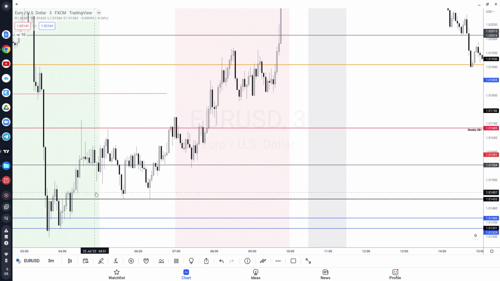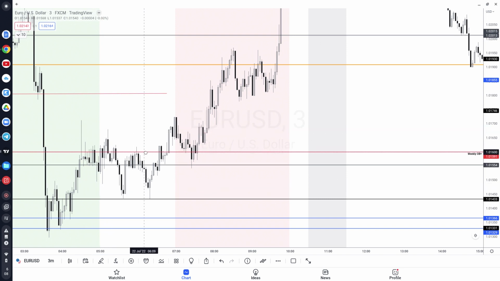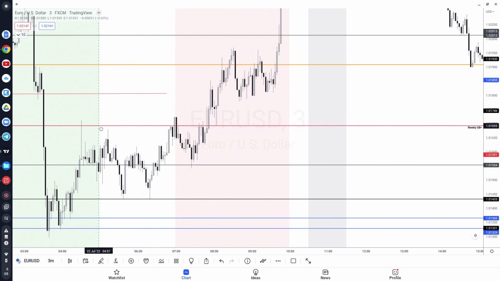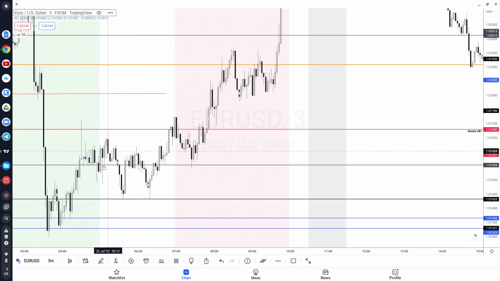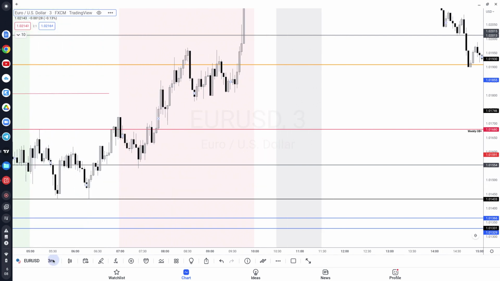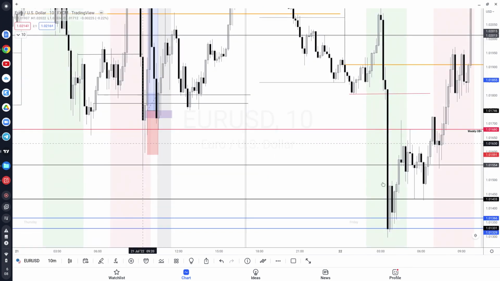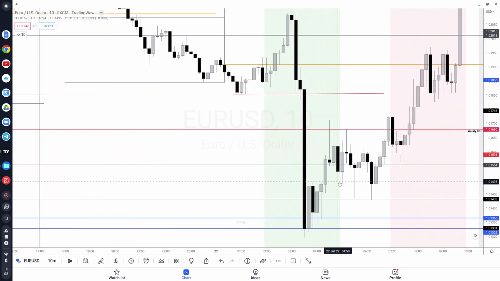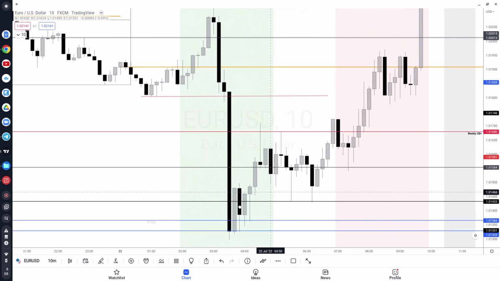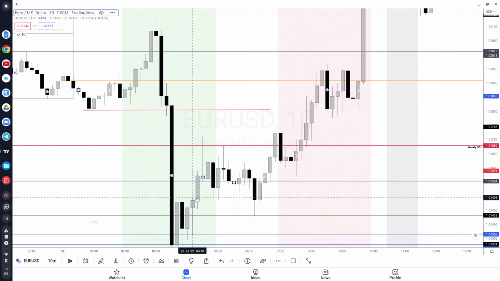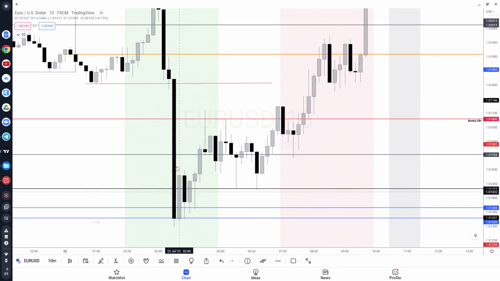So what I would do in this scenario is possibly wait until price takes out this particular structural point here, and you literally have to just walk the charts and see if you can find some form of an imbalance.